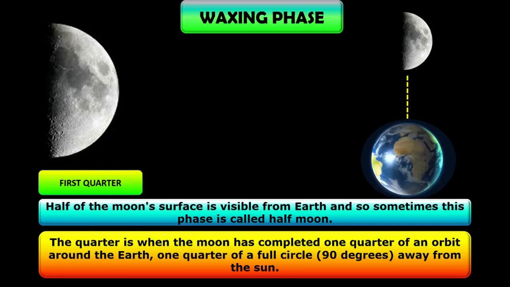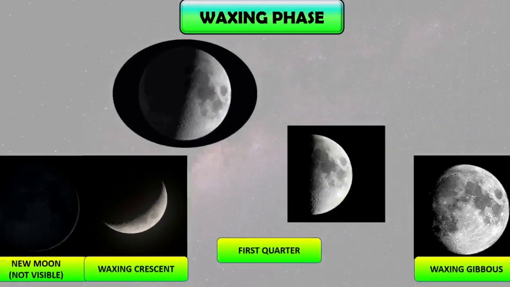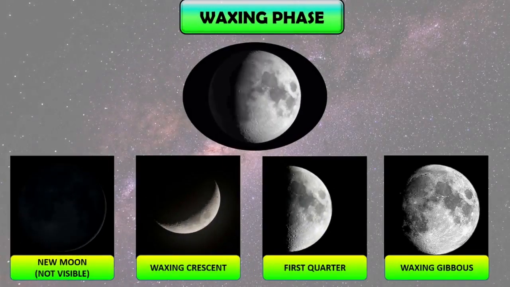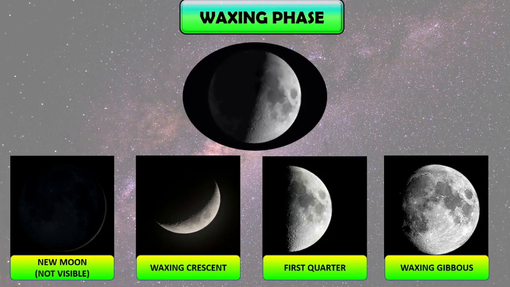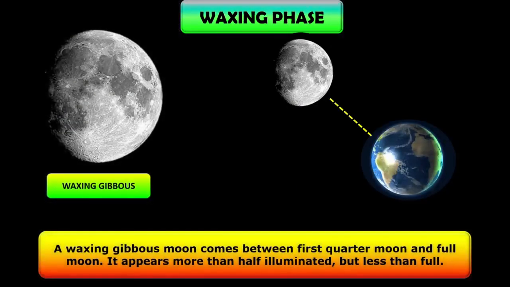As the days pass, the moon continues to grow. Soon it brings its next phase, waxing gibbous. Gibbous means the illuminated part of the moon is greater than a semicircle and less than a circle.